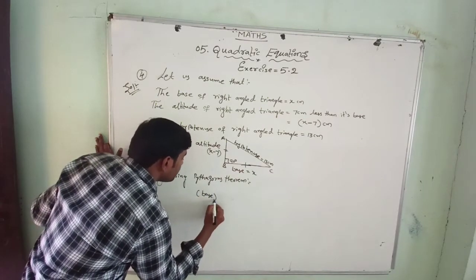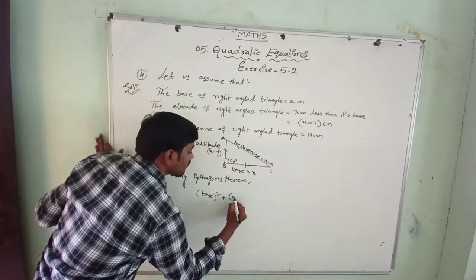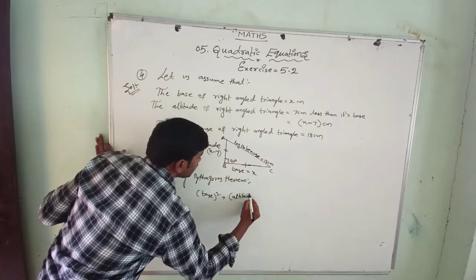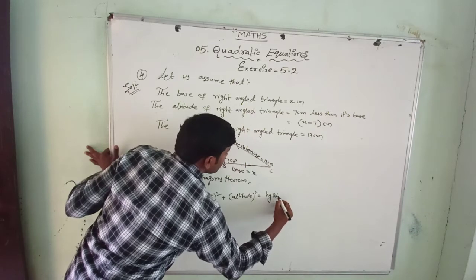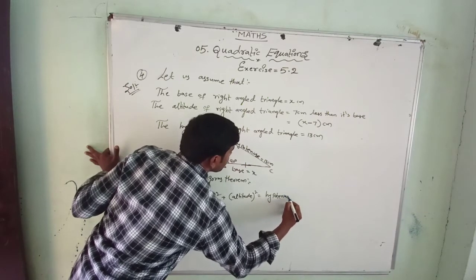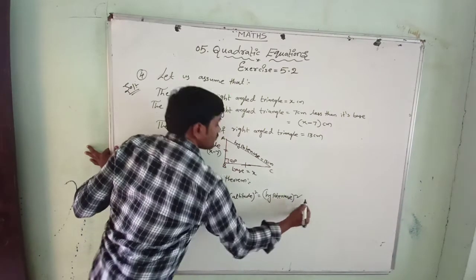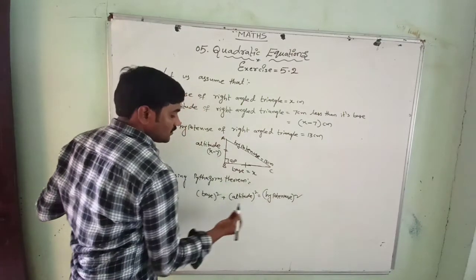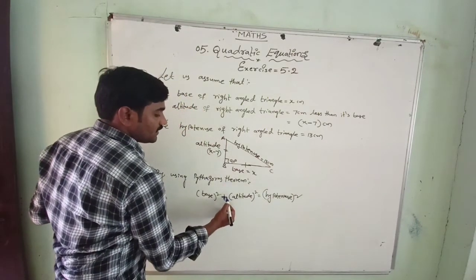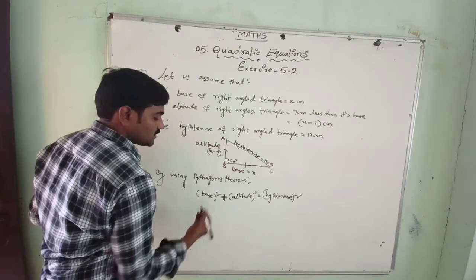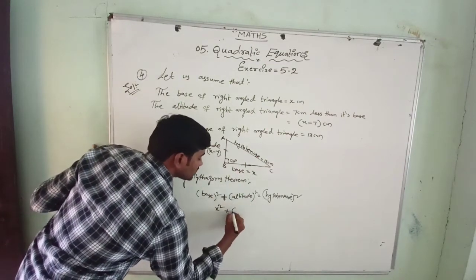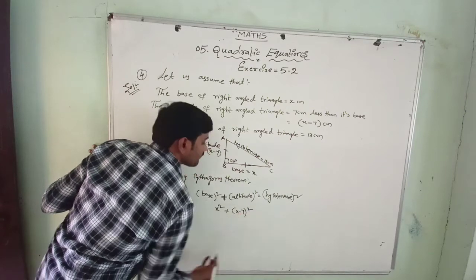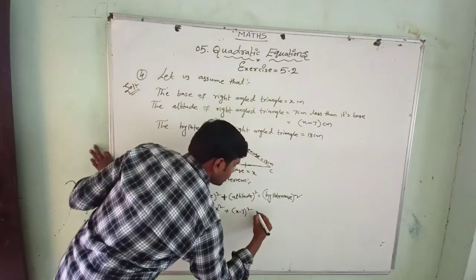Here base square plus altitude square equal to hypotenuse square. Base square, in the sense x square as we assumed, plus altitude, in the sense x minus 7 whole square, that also we have assumed.